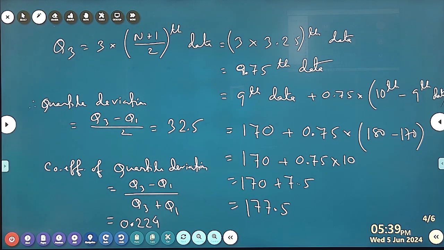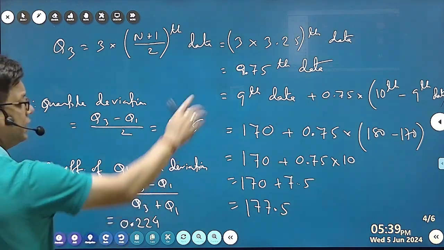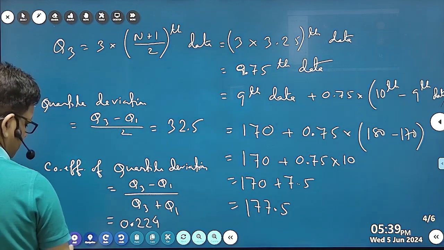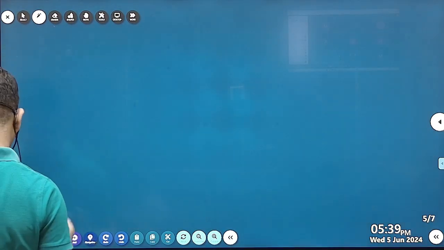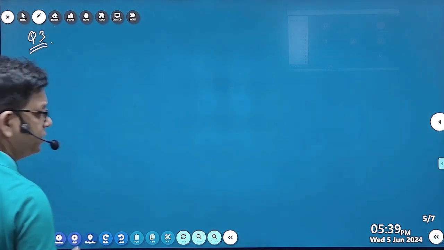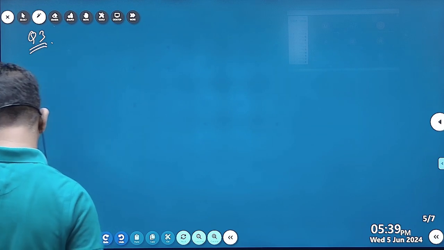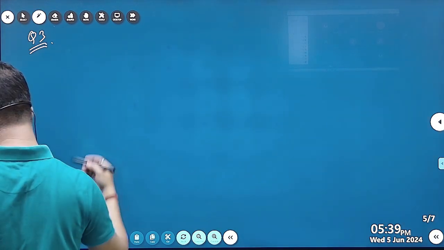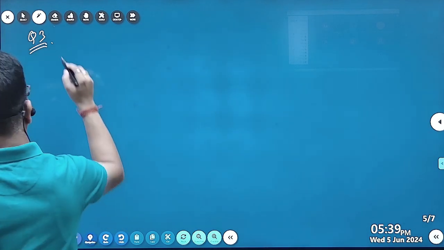Done? Can I write the next question? Okay. This is all about calculation. Main thing is getting Q1 and Q3. Okay. So question 3. Next type. So we have these three different types. One anyway comes in exam. Okay. So same question.